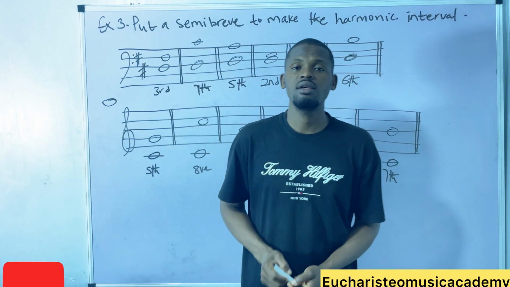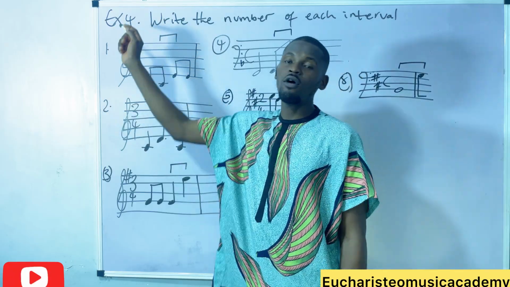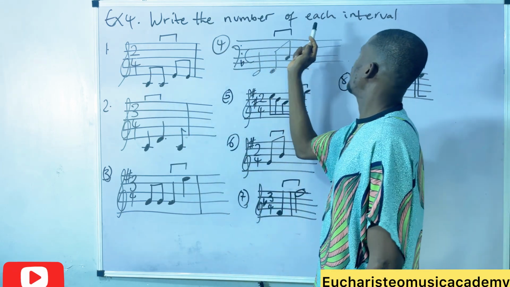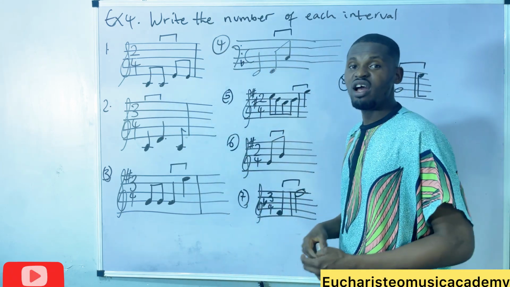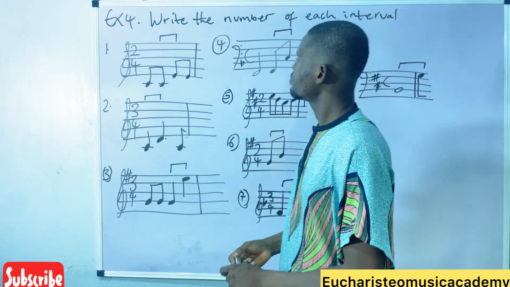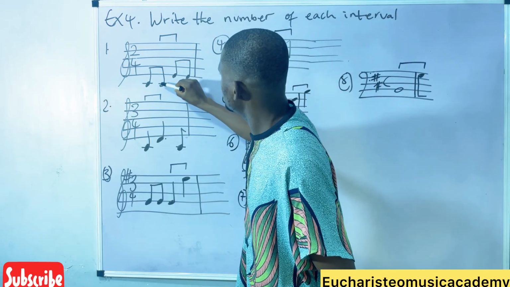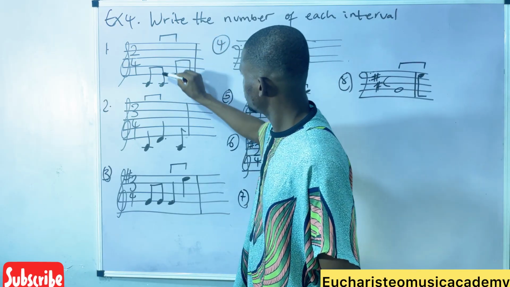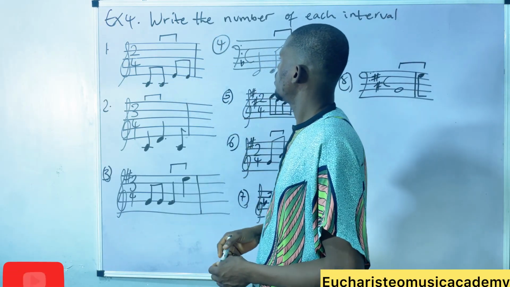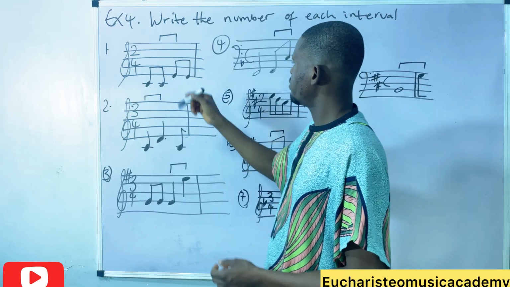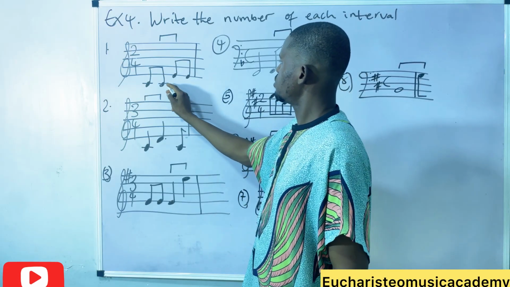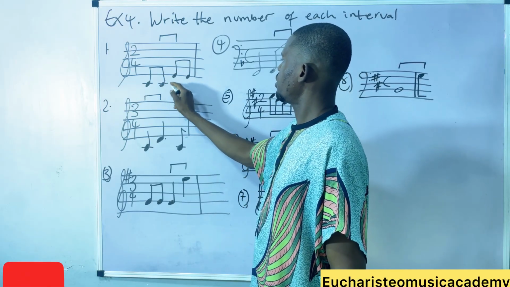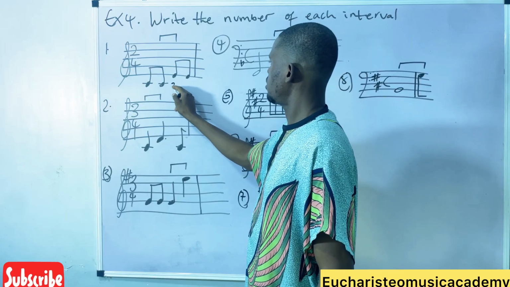You understand? Yes. Exercise 4. Write the number of each interval. Very simple. The interval between this note and this note. You see the mark? What's the interval between the two of them? 1, 2, 3. This one is a third.